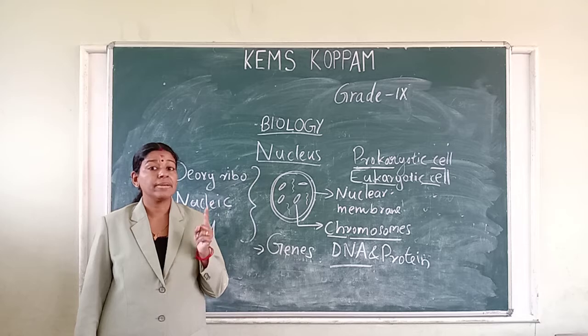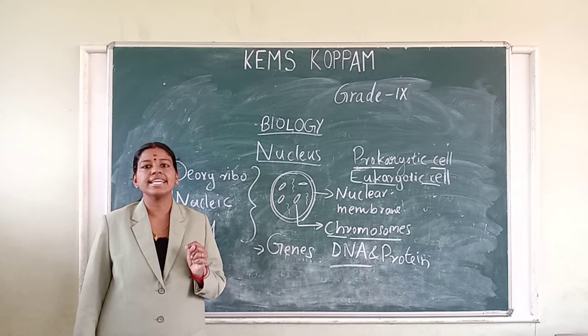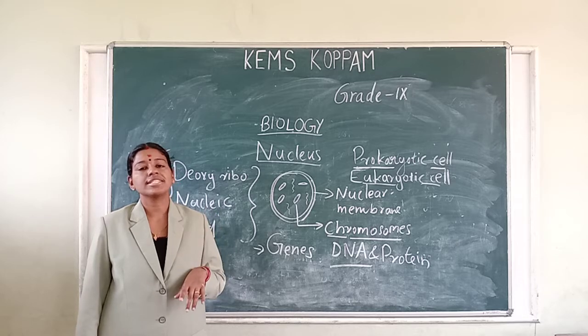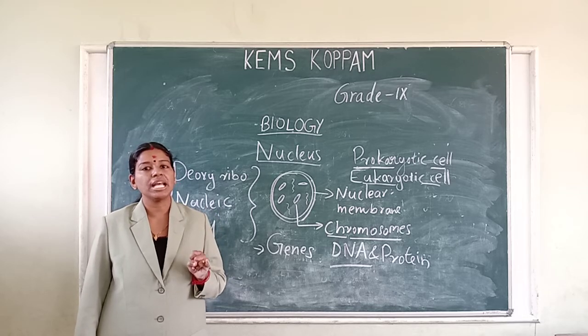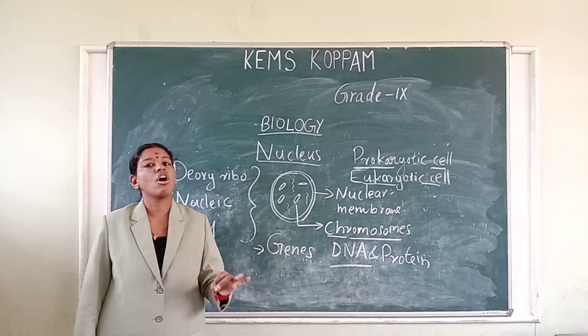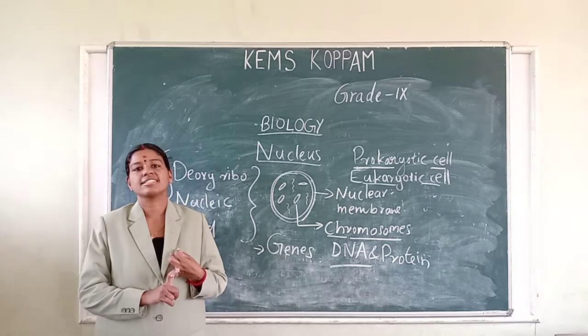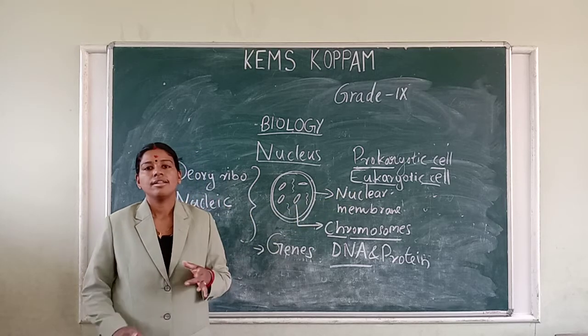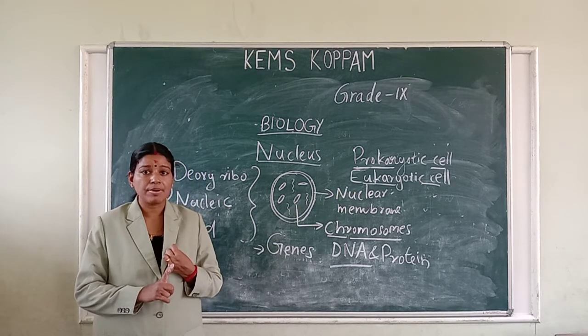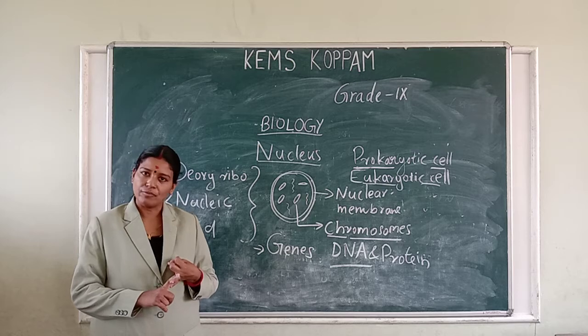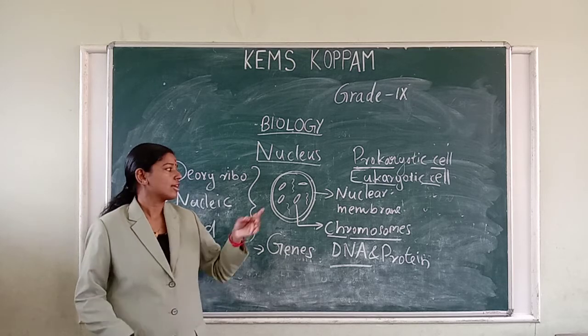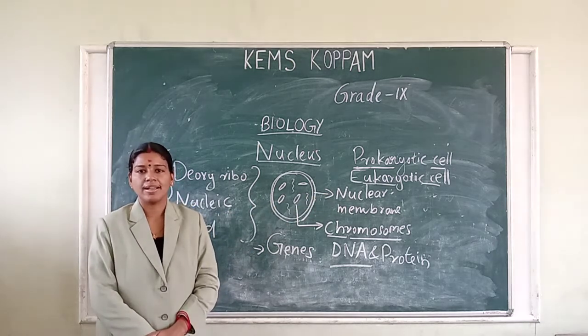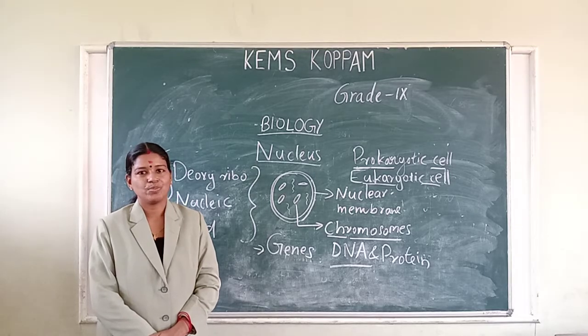Prokaryotic cell means a primitive type of cell like the bacterial cell. Bacteria, we know their body is like that. The nucleus is not covered with a nuclear envelope and we cannot see all the cell organelles. But in the case of a eukaryotic cell, all cell organelles will be present and the nuclear envelope will be present. I hope this is clear to you.